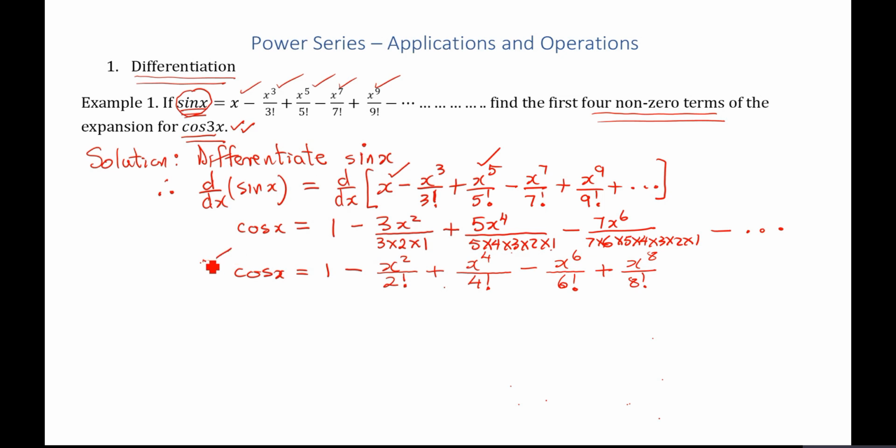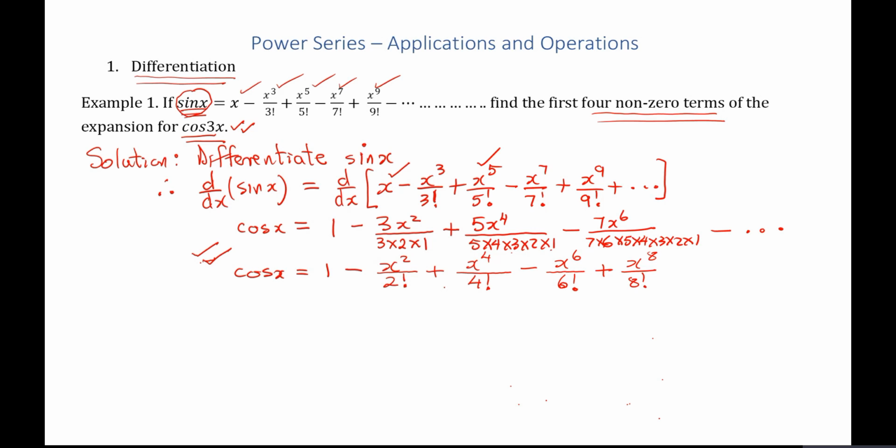And that generates, so differentiating sine x generates the series expansion for cos of x. So that is the usefulness of differentiation, where I can simply differentiate a particular function and generate another one, depending on the question. In other words, this can be used as a tool from now on.